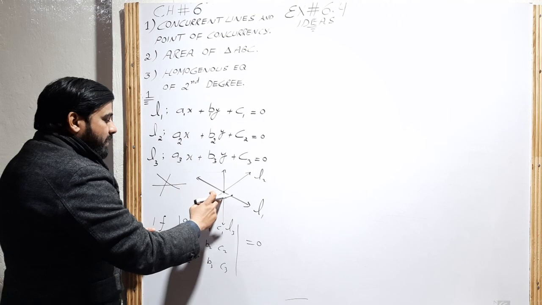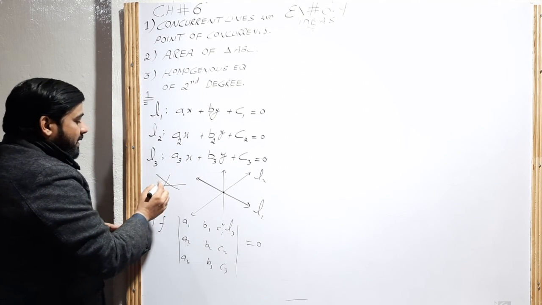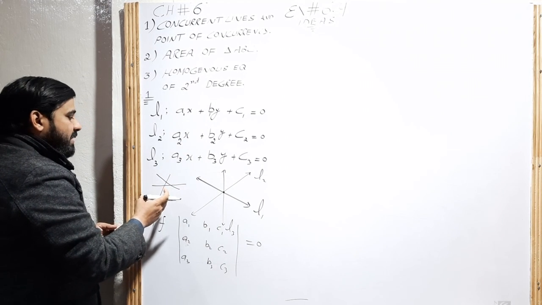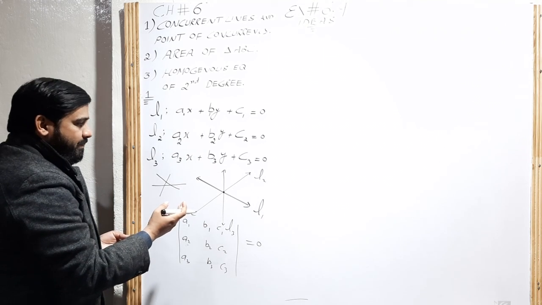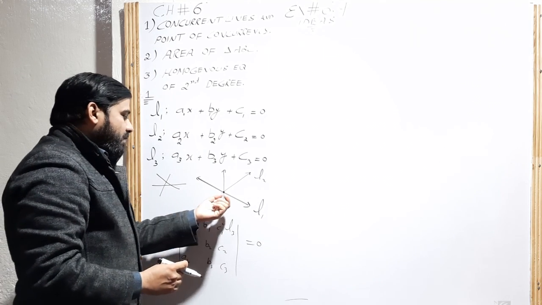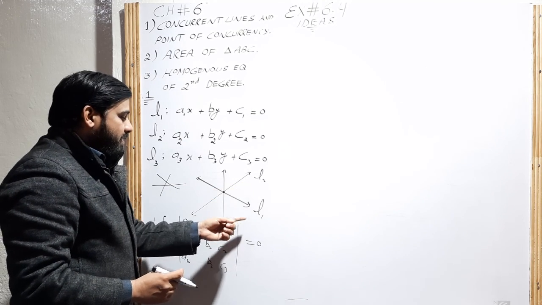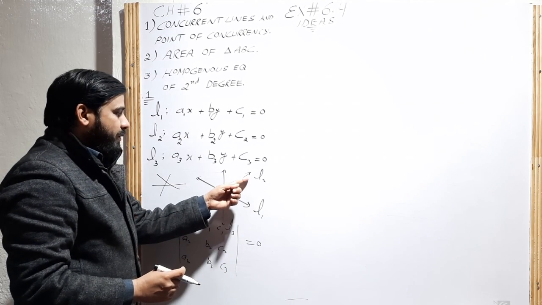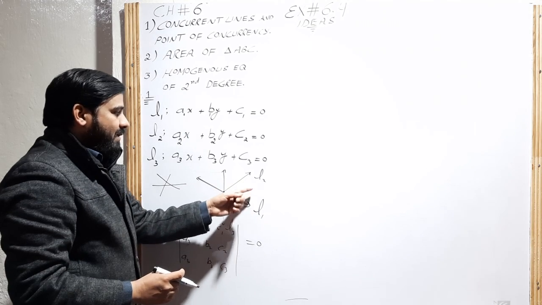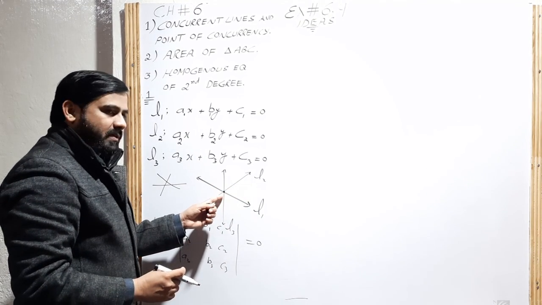Concurrent lines have a point of concurrency, but if lines are not concurrent, it means that there is no point of concurrency. So to find the point of concurrency, we have three options: solve equation 1 and equation 2, related to line 1 and line 2, and we have the point of concurrency.